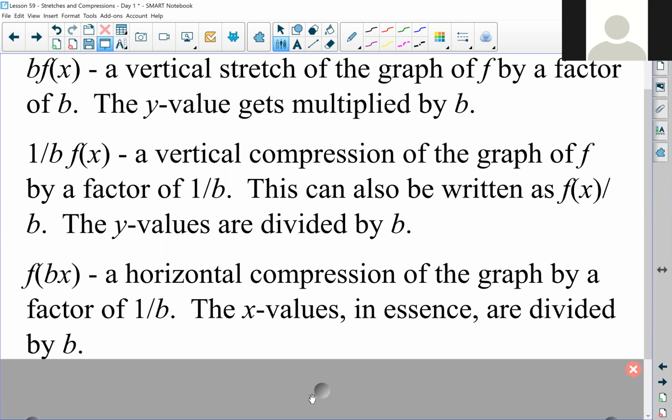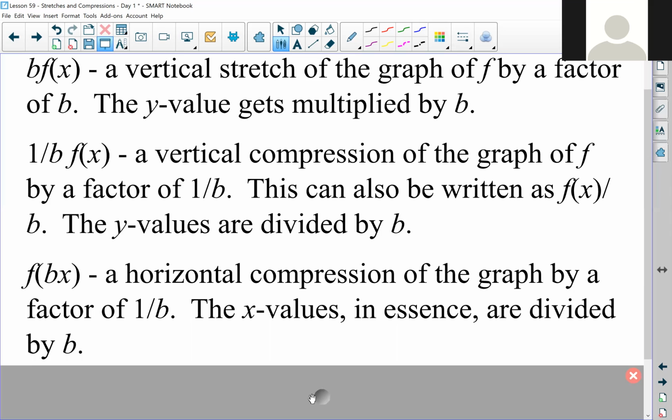A horizontal compression, you would take f of b times x. It's very similar to a vertical stretch, except in a vertical stretch, you're changing the y values.